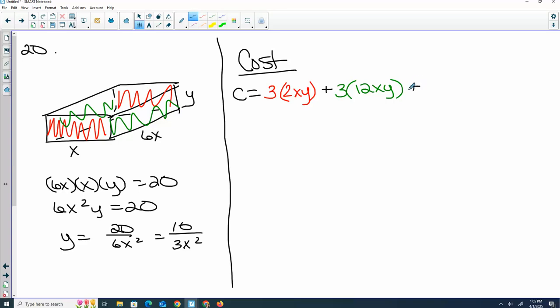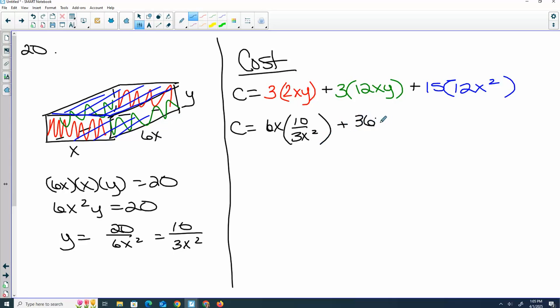Okay, top and bottom cost me $15. So the area of the top is x times 6x, so 6x squared. And 12x, so this is 6x, but instead of y, I'm going to do my 10 over 3x squared.